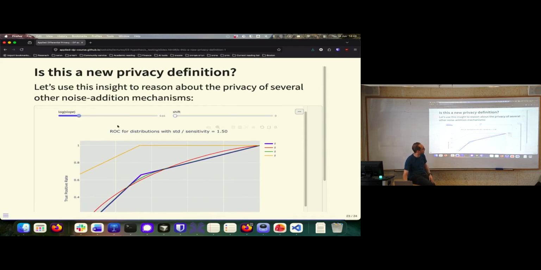Had there been a mechanism with a trade-off function that is exactly the blue line, the bound that we're controlling, what would its privacy be? Exactly epsilon comma 0 DP for some epsilon. This one has epsilon throughout, except for some small regime in the middle where it's even slightly better.